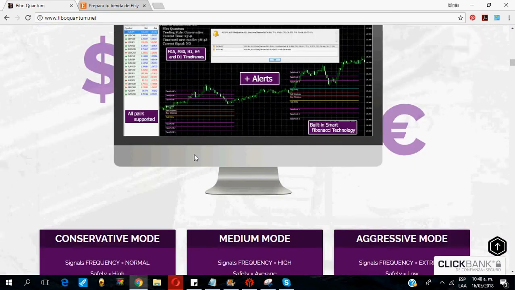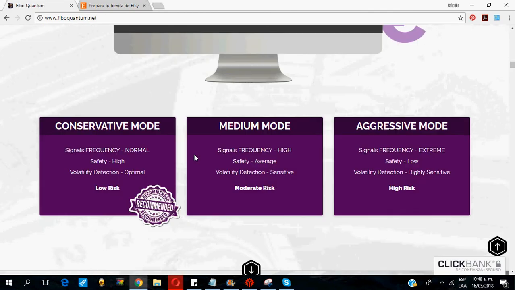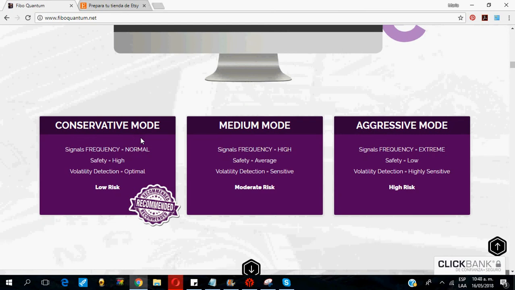3 types of signal alerts. Here are the 3 types of signal alerts: conservative mode, medium mode, and aggressive mode. In the conservative mode, you get signals frequency normal, safety high, volatility detection optimal, low risk. This is recommended.